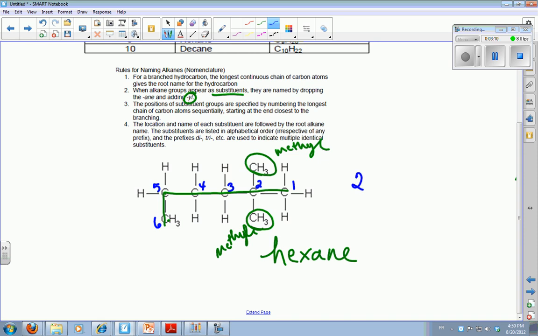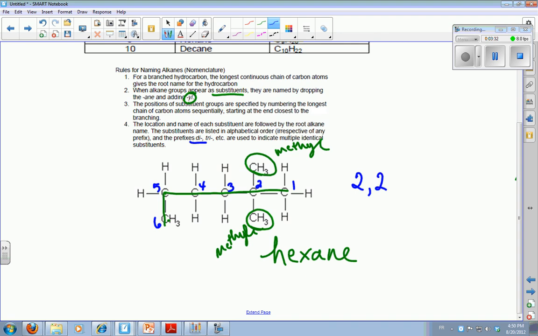Since there are two methyl groups, rule number 4 says to use a prefix to indicate multiple identical substituents. I have two methyls, so I'm going to call that dimethyl. On the second carbon there's a methyl, and on the second carbon there's another methyl.